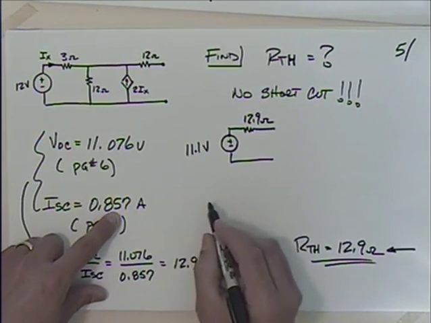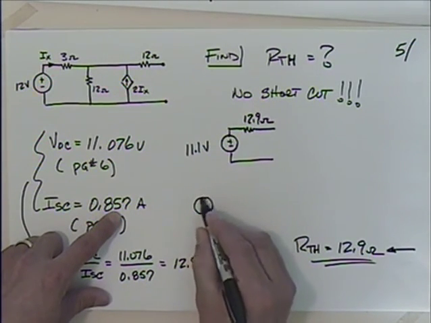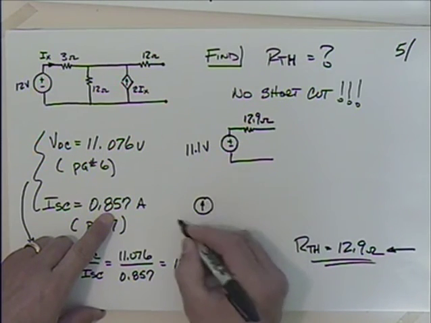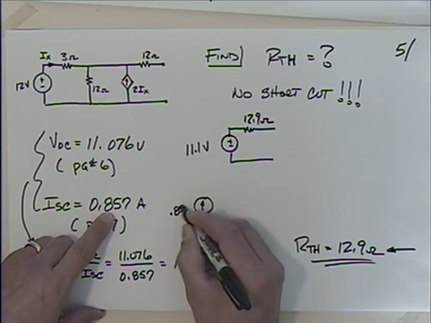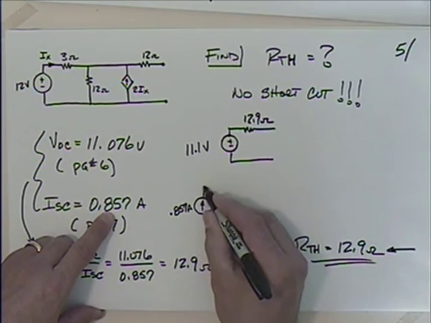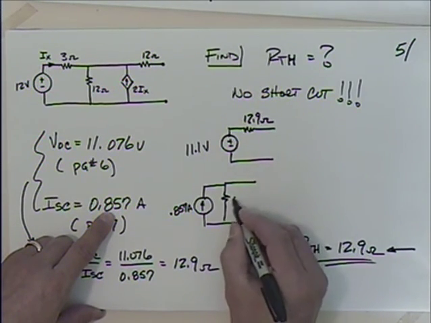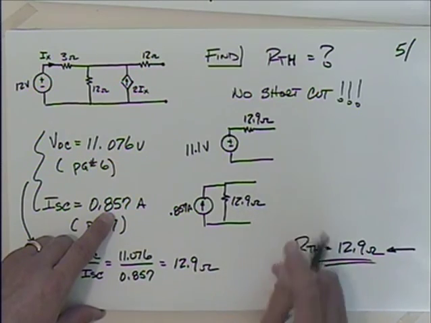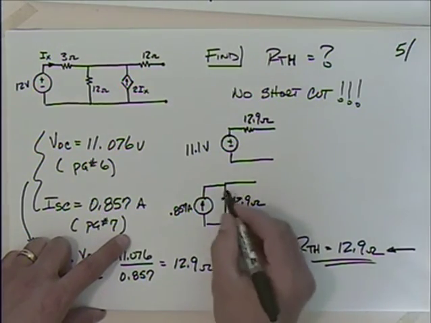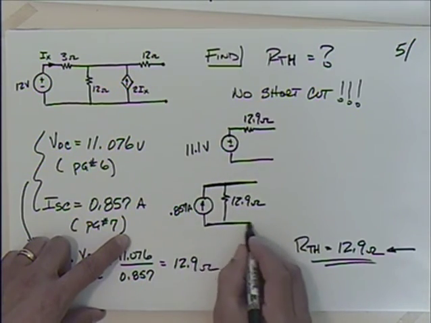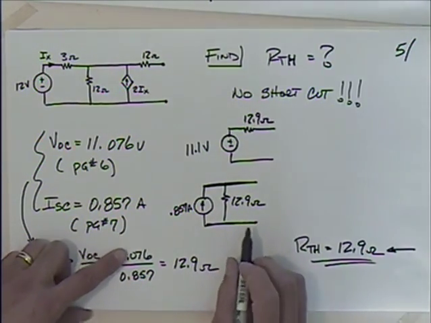Or you could use this short circuit and come up with a Norton model. 0.857 amps and 12.9 ohms. And remember that the only difference between the Norton and the Thevenin is a source transformation.